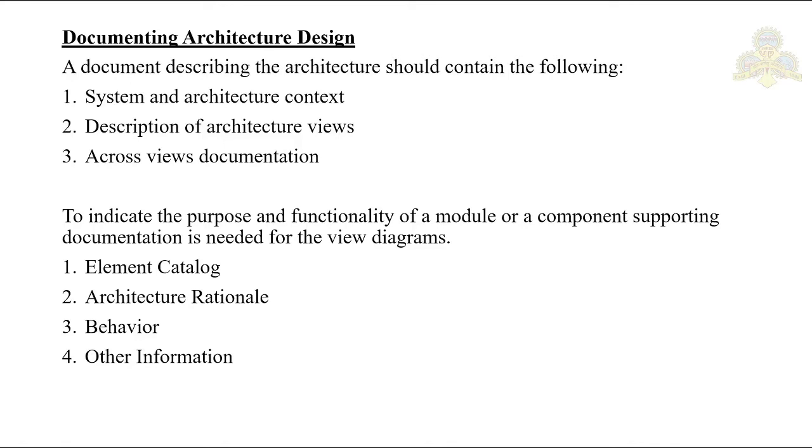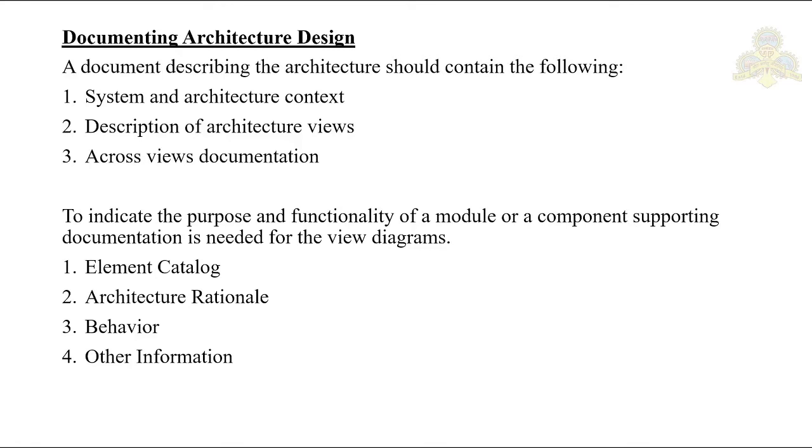This requires that the architecture is documented properly with enough information so that different stakeholders can read the architecture document and gain knowledge of it. Without a properly documented description of the architecture, it is not possible to have a clear or common understanding.